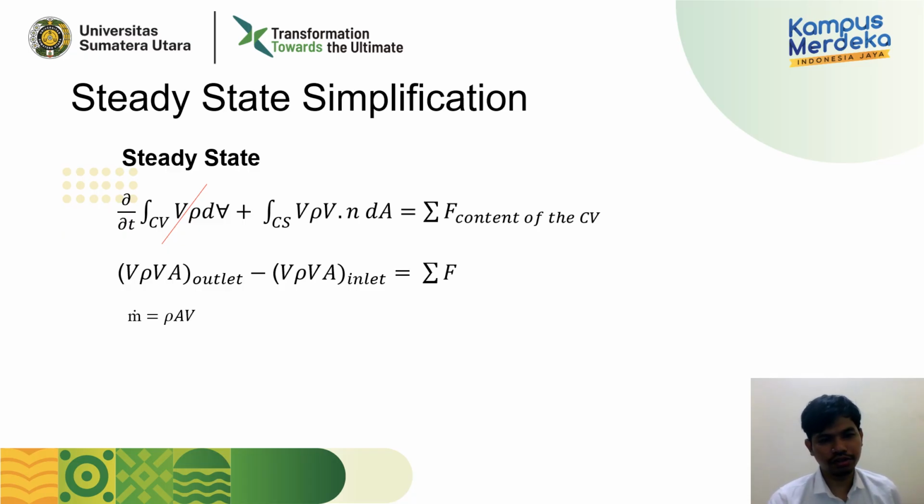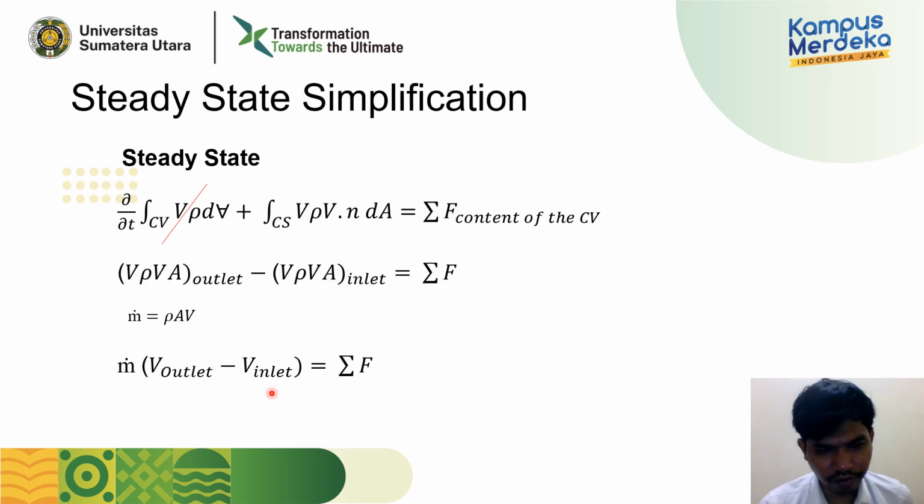So when we use these equations in these steady state momentum equations, sorry, we will have these equations. It is the mass flow, and then this is the difference between velocity at the outlet of the control volume and velocity at the inlet of the control volume, and it will be equal to the sigma of forces, or F.